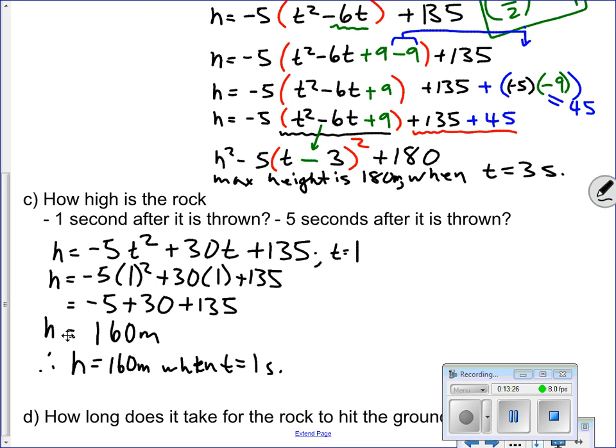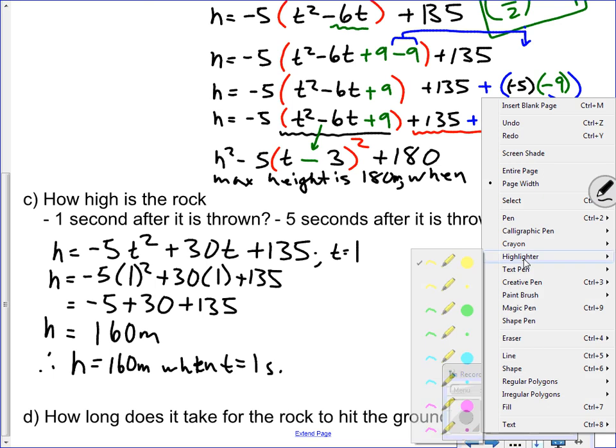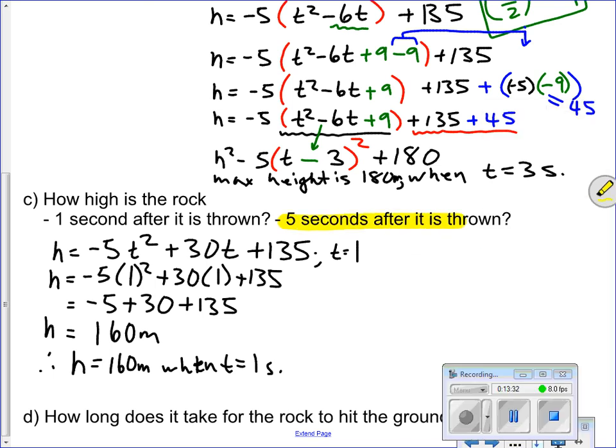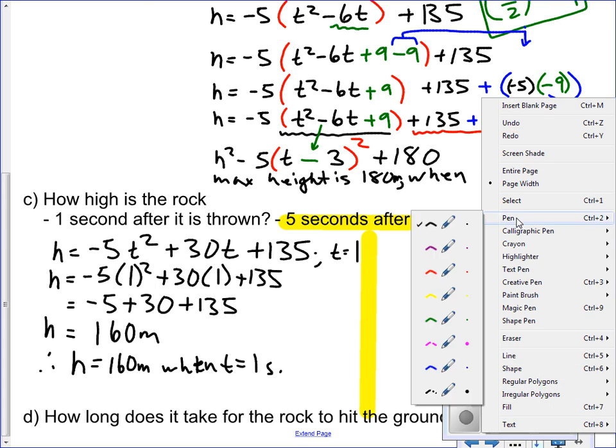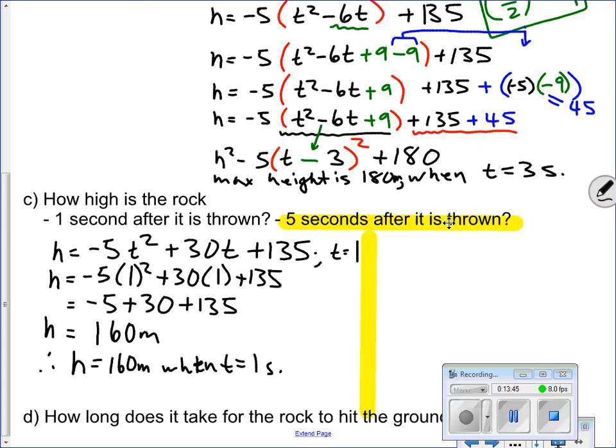Now, for the second part, where we actually say, hey, go find out what it is after 5 seconds. You could either substitute directly or you could use geometry for this. Now, I personally like to use geometry for this next part because here's what you know.